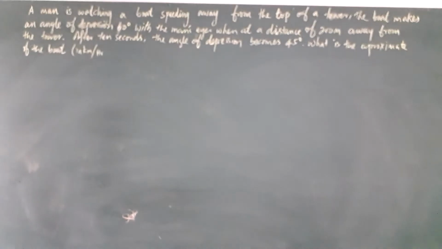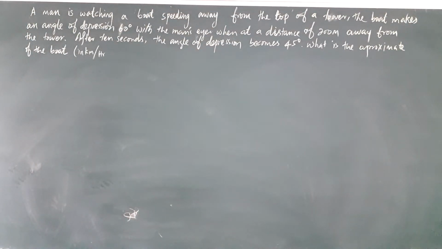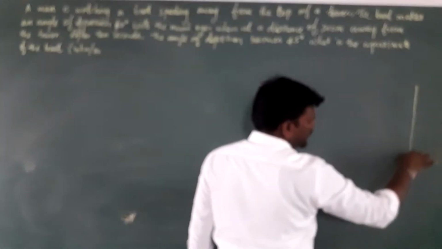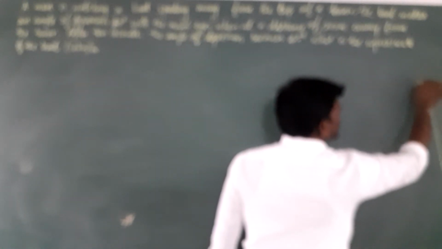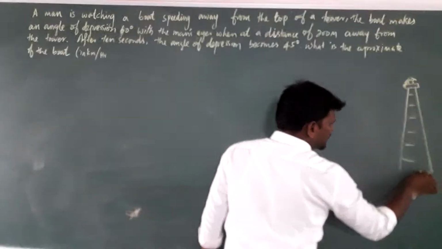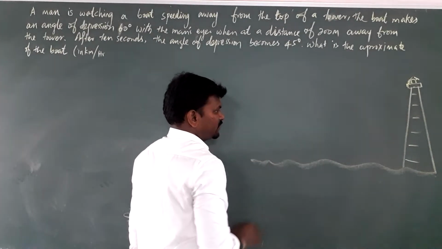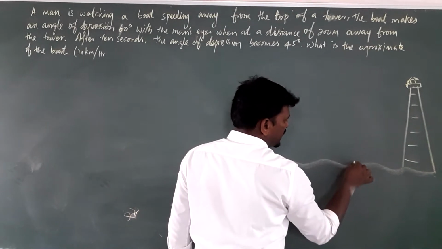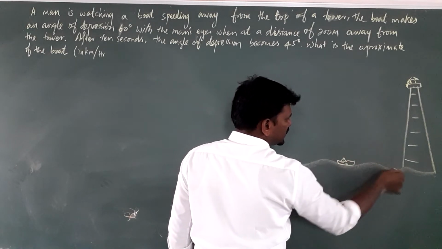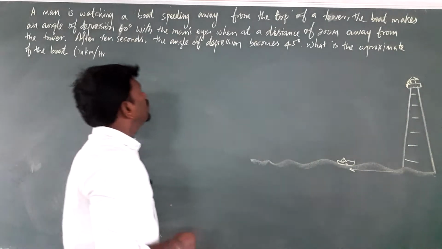A man is watching a boat speeding away from the top of a tower. See, there is a tower. This is a tower. Here the man is sitting or standing and he is watching a boat speeding away from the top of a tower.